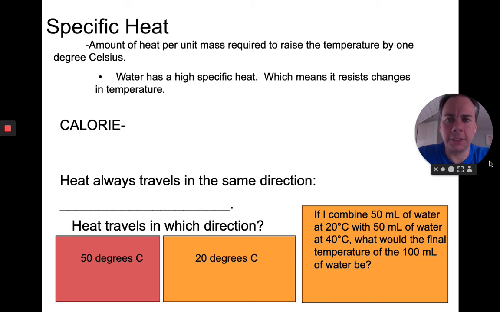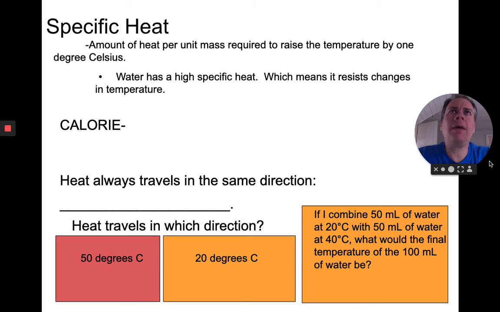Different substances have a different specific heat. Water has a pretty high specific heat. What that means is it takes a lot of energy to raise the temperature of water compared to other substances, and it resists changes in temperature.